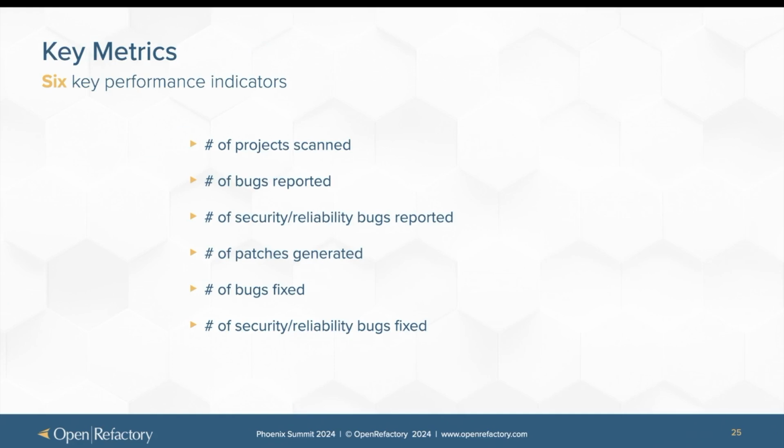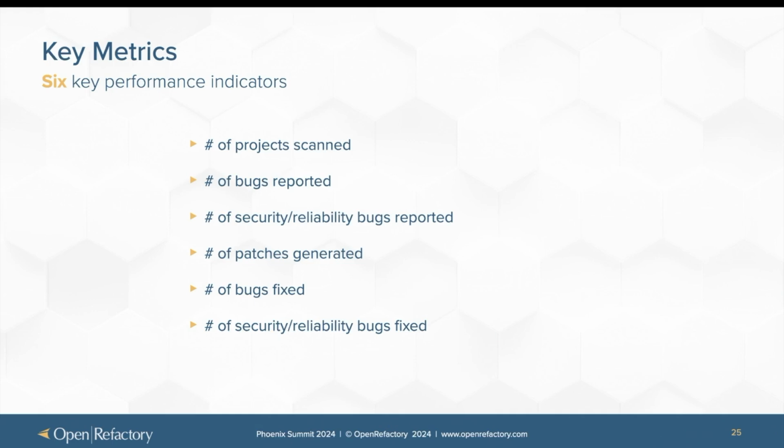The work that we are doing is all publicly reported, and the information is available for everyone to consume. Right now, we are looking at 6 key performance indicators as we are aggregating the results month over month.